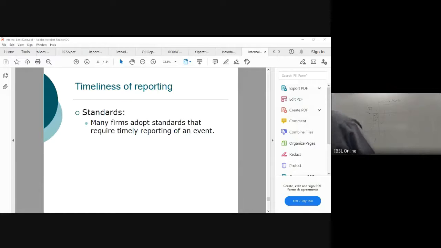That means 200 million is the amount of loss that happened in business line 1 and risk event type 1. And what is the frequency? How many times did it happen? 4. That is the number of times.